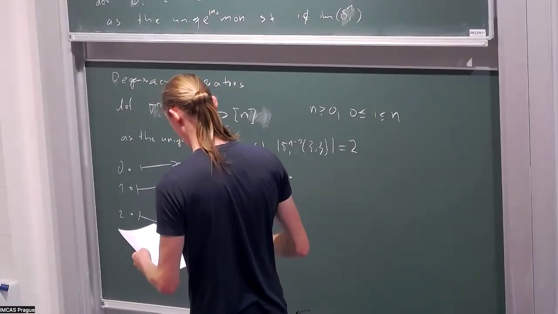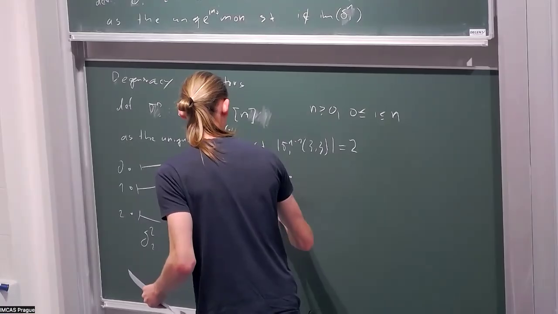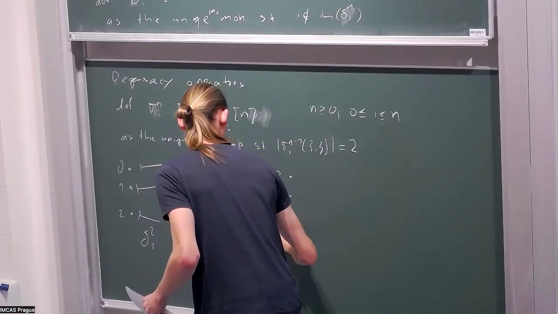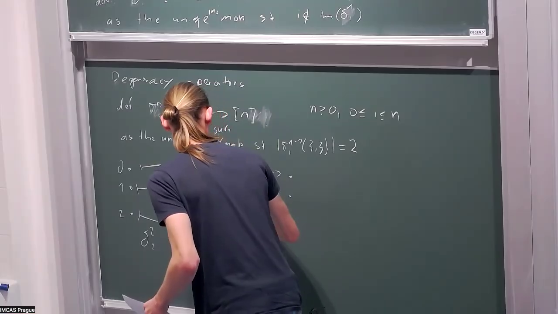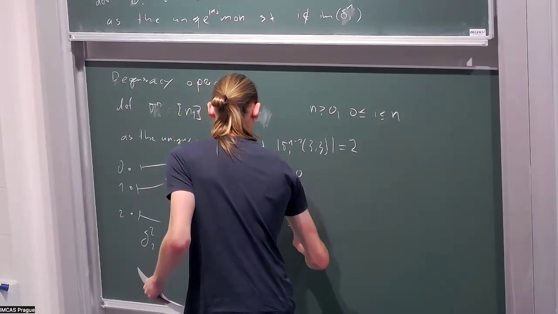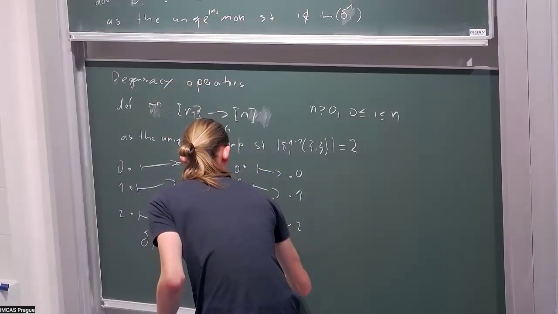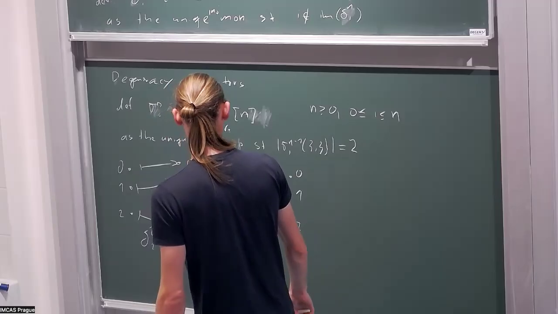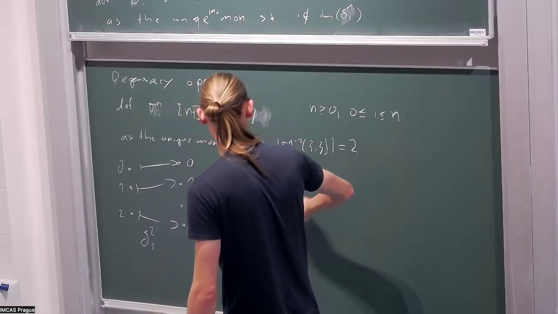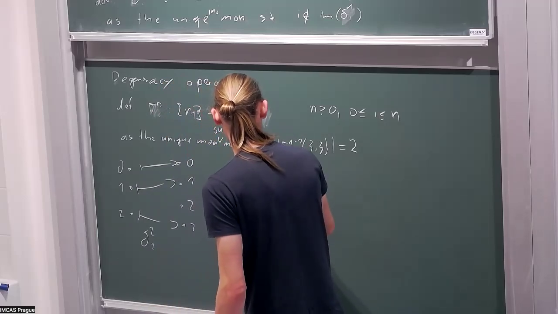Maybe let's also draw one of the degeneracy operators. So this would be sigma_1. I map from the object 2 plus 1 to the object 2, and I hit the number 1 twice.